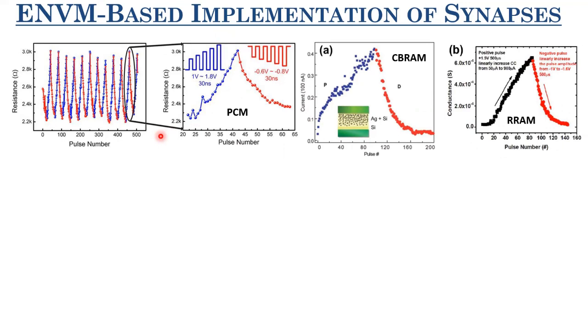However, for PCM, you always require an increasing pulse waveform or decreasing pulse waveform. For reset especially, if you apply the same amplitude pulse for resetting a PCM, as I told, you will be melting the same amount of crystalline material and the resistance won't change. However, for the set state, even if you apply the same pulse with the same amplitude, you can still achieve a potentiation, right?